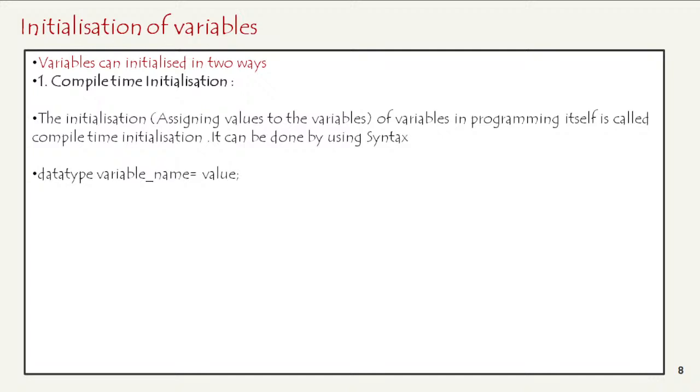The syntax for initializing variables at compile time is data type, variable name, equals to, value. Here the data type may be integer, floating point, character, double, whatever it will be. Variable name is a user-defined name, and equals to is an assignment operator, and on the right hand side we can assign some value.